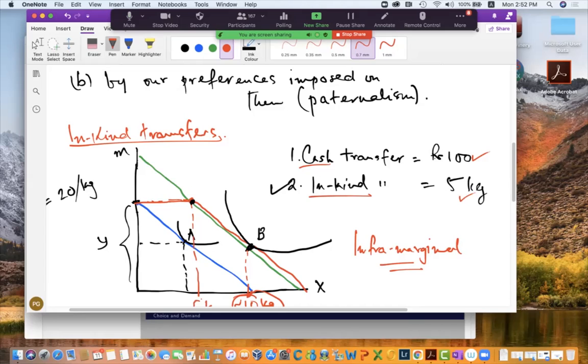Absolutely. In some cases, for certain kinds of goods, the market may not exist or may not function very well. For example, if in a remote area there are no good schools and hospitals, you can give somebody crores of rupees, and if they're living there, they still won't be able to access those things. So for certain kinds of in-kind assistance, like public schools and hospitals, especially away from the metros and big cities, there's a separate argument for in-kind transfers.